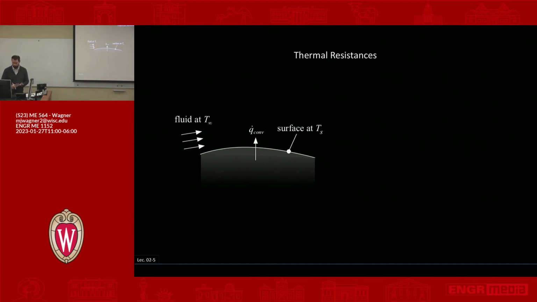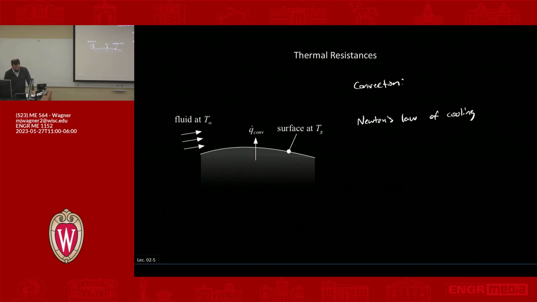Here we have some body that's at some temperature Ts. The surface is at temperature Ts. We have fluid moving over that, so we have a situation of convection. And convection is going to be modeled using, there's actually a name for this, it's called Newton's law of cooling.